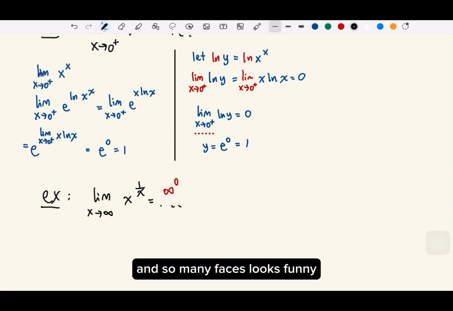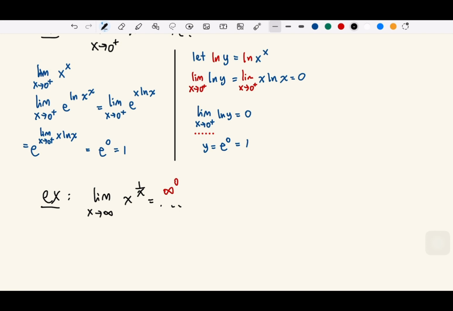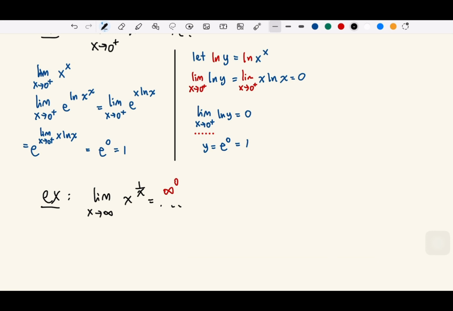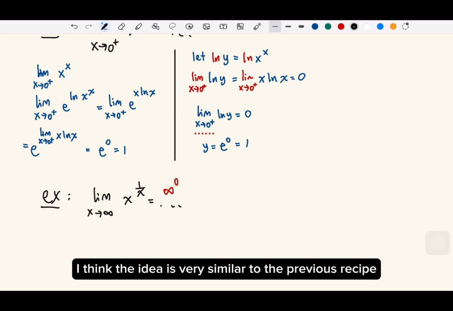Either you get it or maybe you are getting confused. Okay. So basically, in terms of power, I think the idea is very similar to the previous derivative.